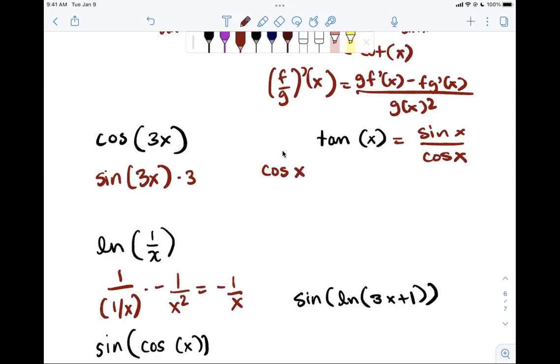So cosine x times cosine x, which is cosine x squared, or we can just write this as cosine squared x. All right, minus the top times the derivative of the bottom. So minus sine x times negative cosine x. Sorry, times negative sine x.